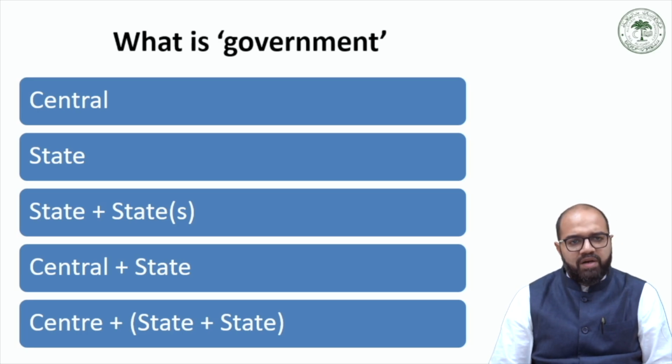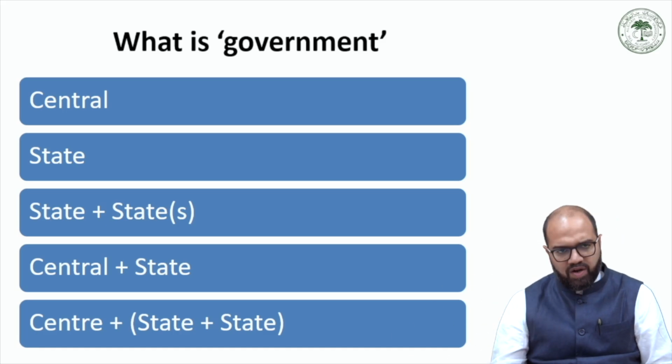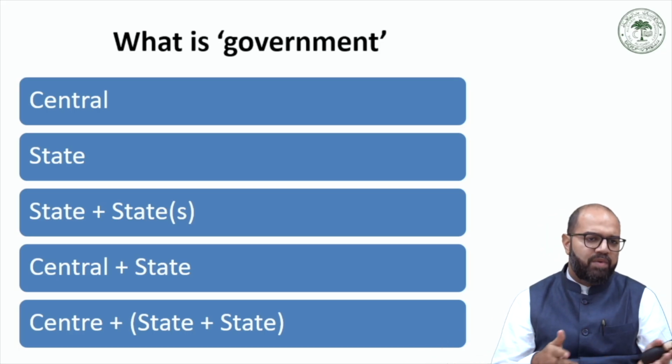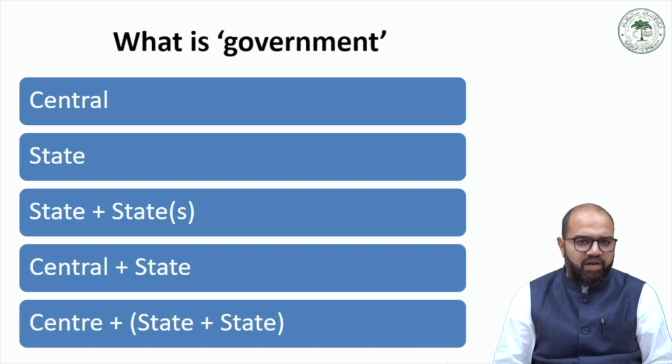So the word government does not have a singular meaning. Rather, it could be a central government entirely on its own, state government entirely on its own, two or more state governments, central government and one state government, and central government and one or more state governments.